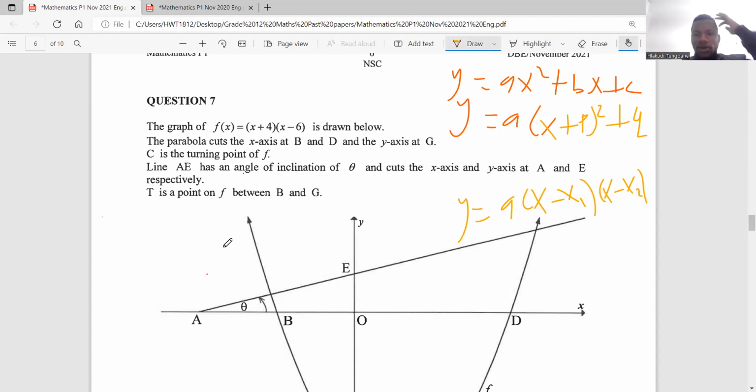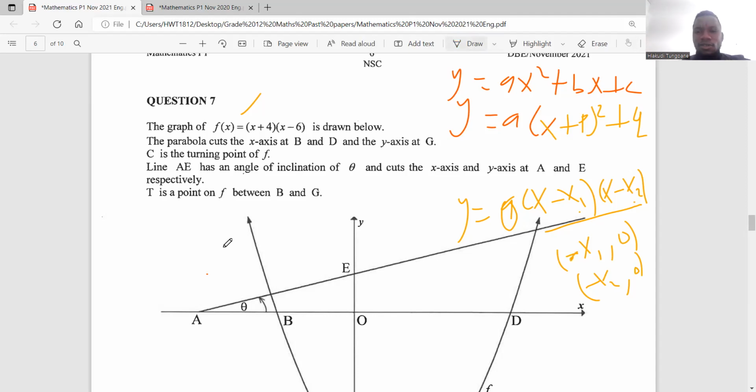Okay. So this is the form that we currently have, right? This is the form we currently have, where a equals 1. And then already from there, we can determine the intercepts, because remember x1 and x2 are the x-intercepts, right?